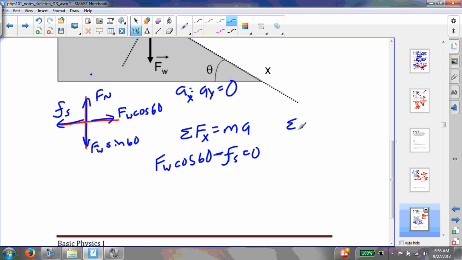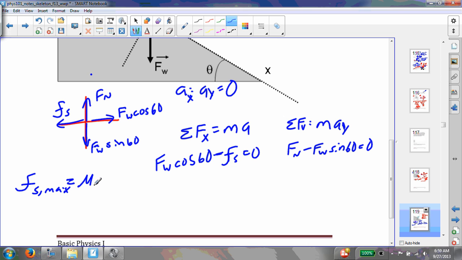And I can also say the sum of the forces in the y direction equals may. That is Fn minus Fw sine 60 equals 0.